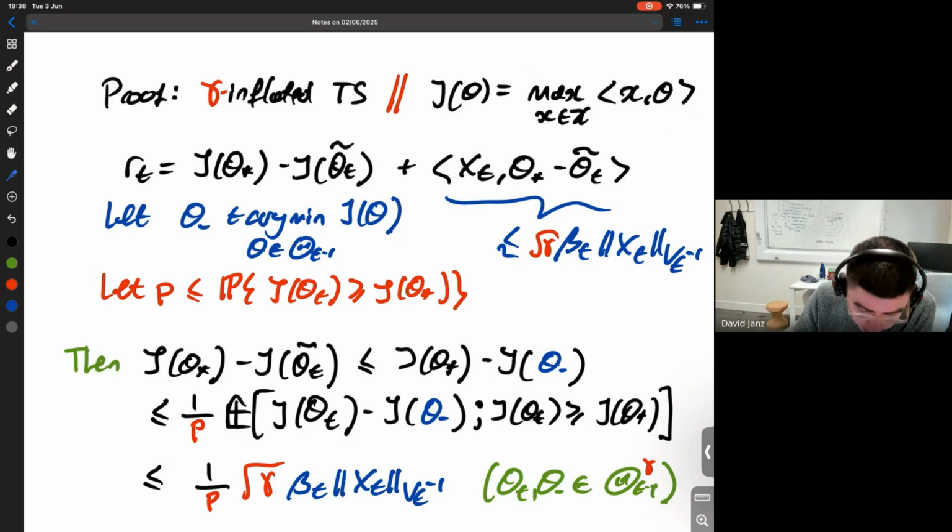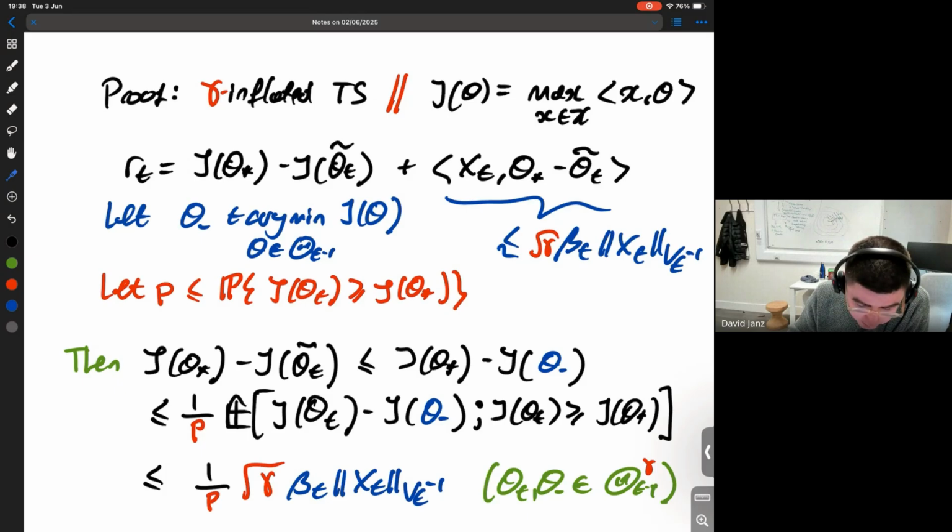So we can write the regret as J of theta star minus J of theta tilde, this sampled parameter, which is now replacing the optimistic parameter. And we end up with this additive term, which looks exactly like before, which we could just handle using the LinUCB proof. And the question is what to do with this first term.